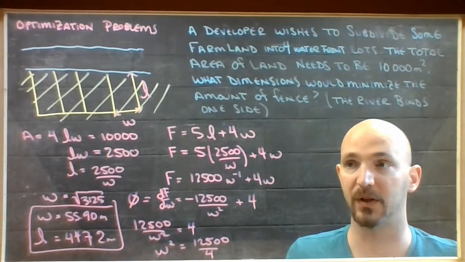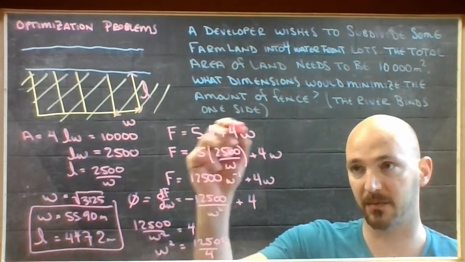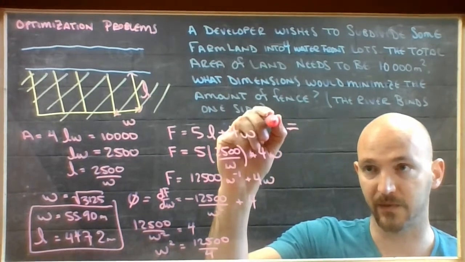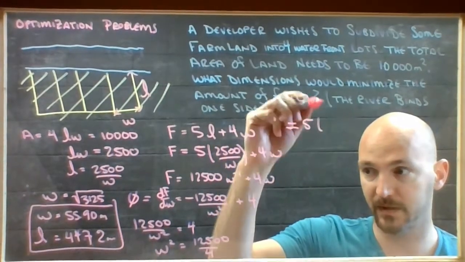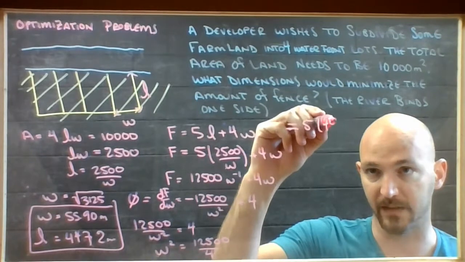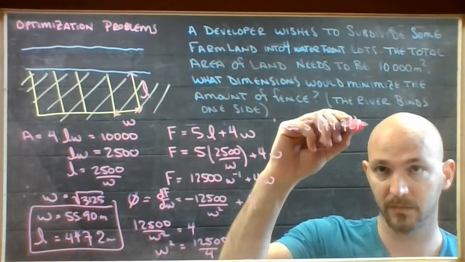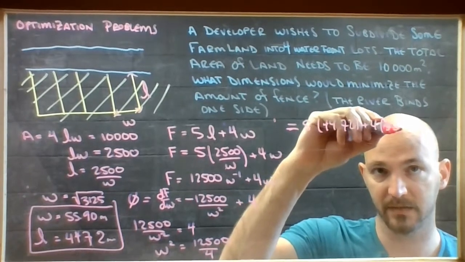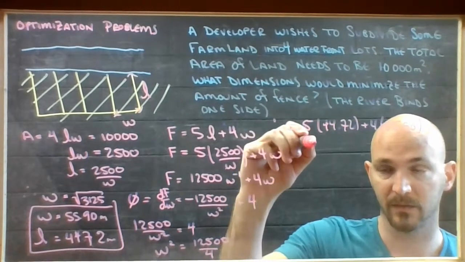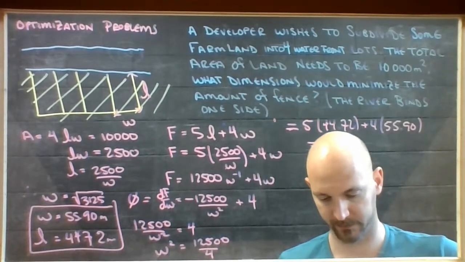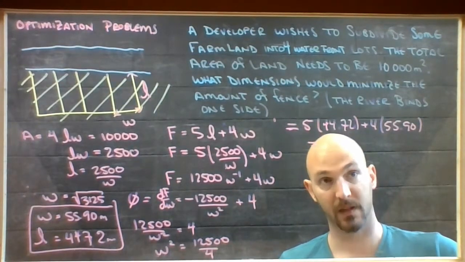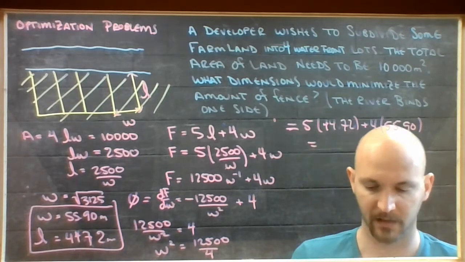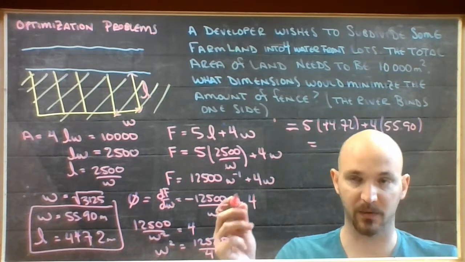So I'm going to figure out how much fence that was by taking my W, putting it here, and my L and putting it there. So the amount of fence would be 5 times 44.72 plus 4 times 55.9 for a total of 3,124.9 meters of fence.